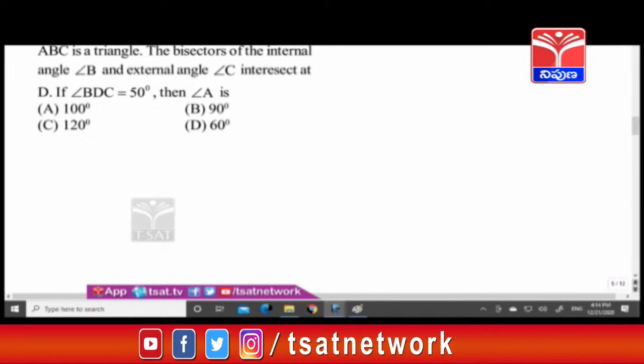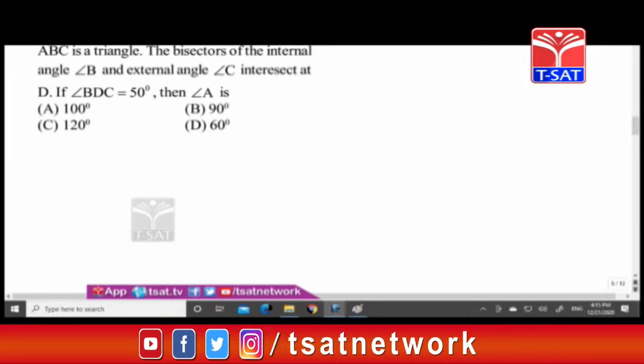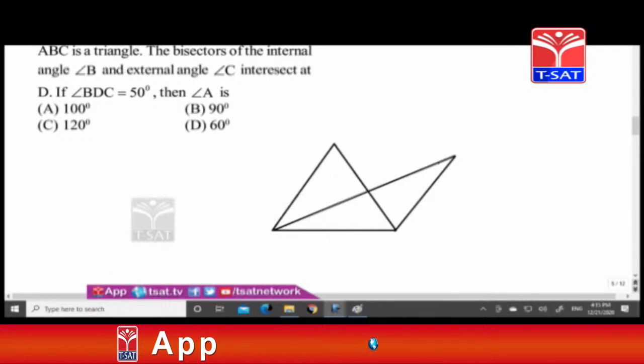ABC is the triangle. The bisectors of the internal angle B and the external angle C intersect at D. In this triangle, one is an internal angular bisector and the other is an external angular bisector. And BDC is given as 50 degrees, then find angle A. So you can consider this figure. You are already familiar with this.